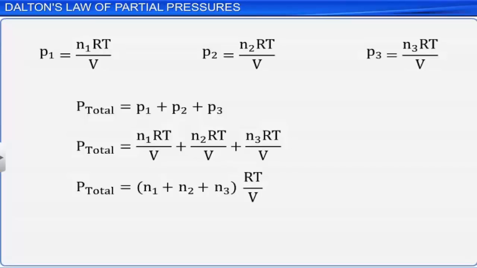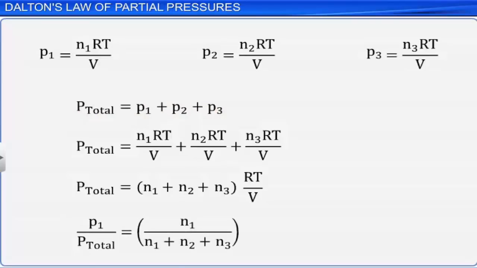On dividing P1 by P total, we get P1 by P total equal to N1 divided by N1 plus N2 plus N3. Here, RT and V get cancelled.